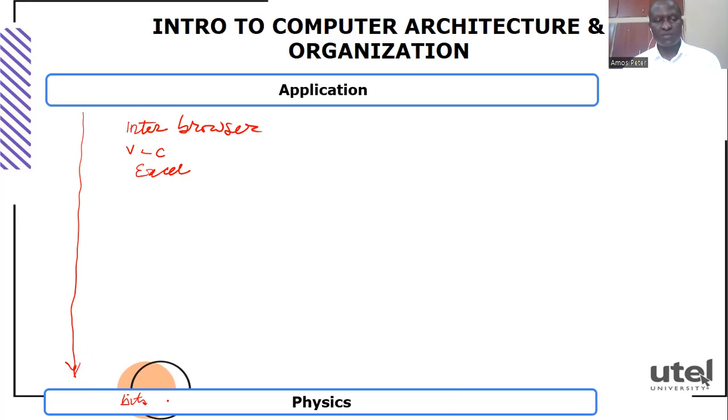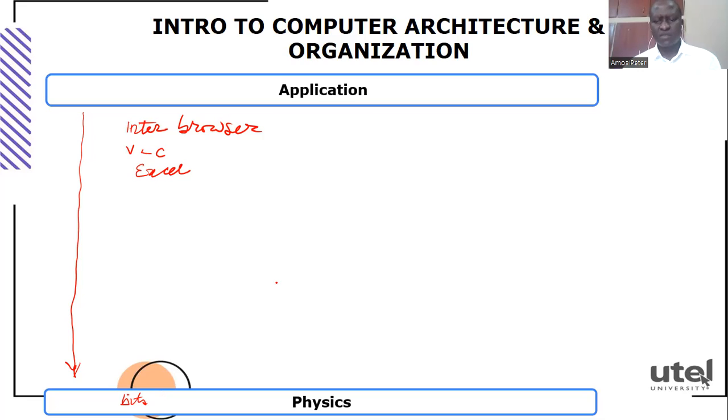And it is at this level that you have the electrons, the photons bouncing back and forth in order to carry out the tasks of information processing. Now, basically, this is what computer architects hope to achieve.